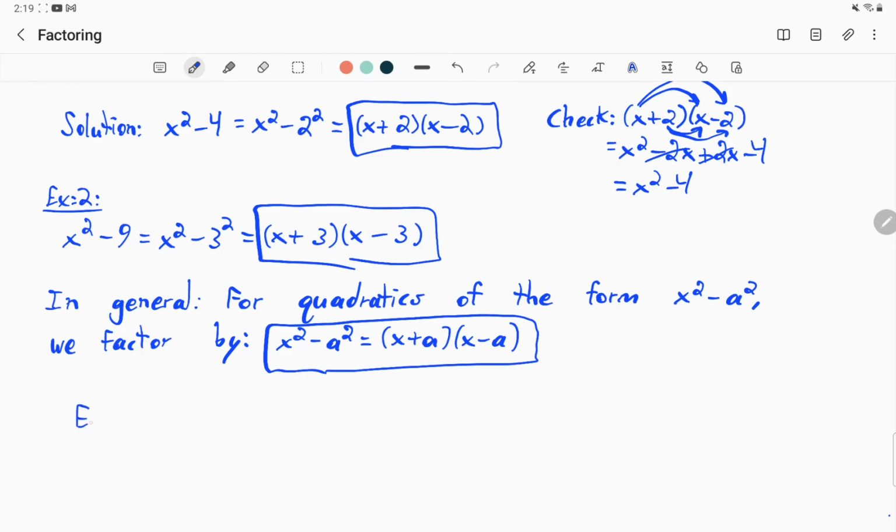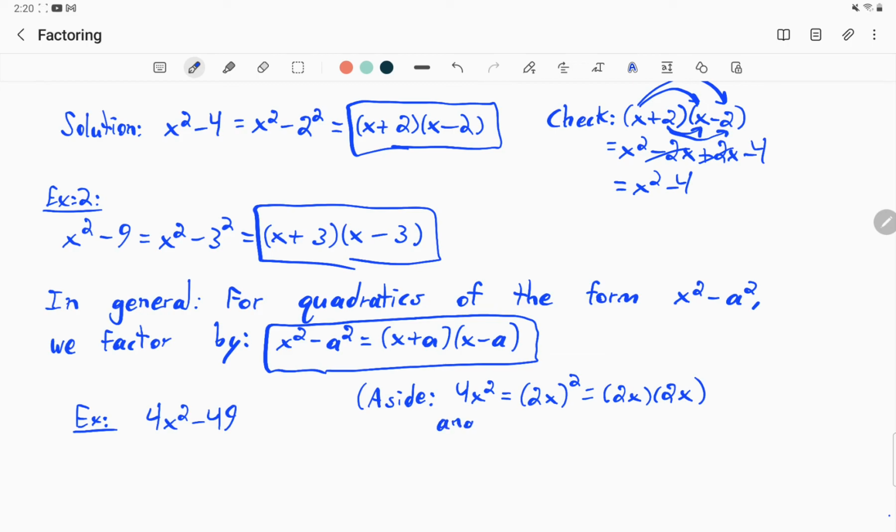So another example, and we'll use our formula this time. 4x squared minus 49. We've got to recognize first that this is a difference of squares. So an aside, of course I picked a hard example. 4x squared is 2x times 2x, so just rewriting that.